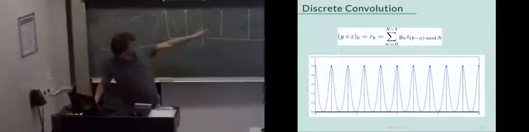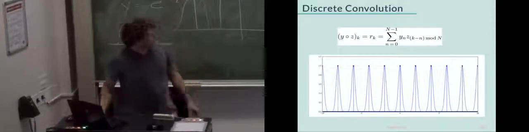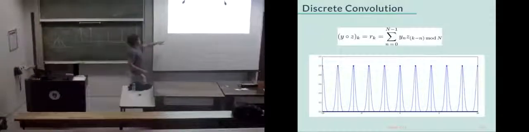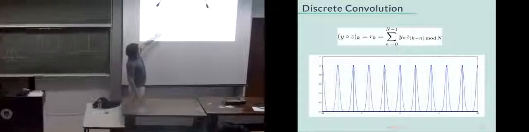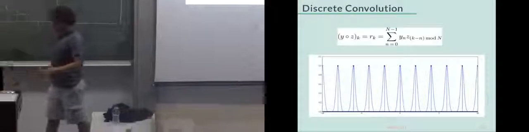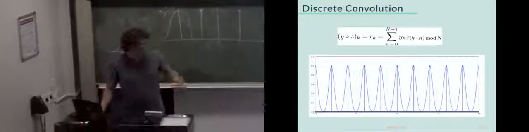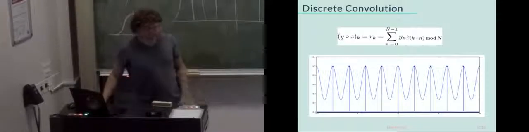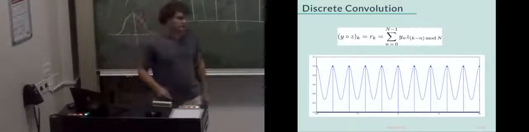And when it's sufficiently narrow, let's say, so when there's a bit of a gap between them here, right? You can think about them as separate copies. But as the width increases, you see what happens, right?